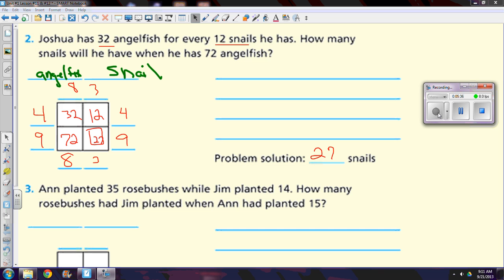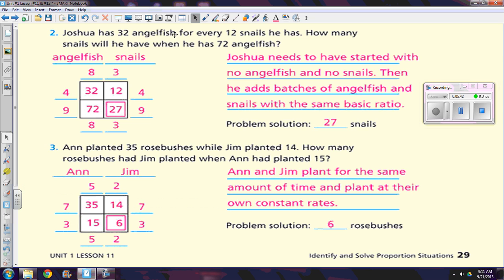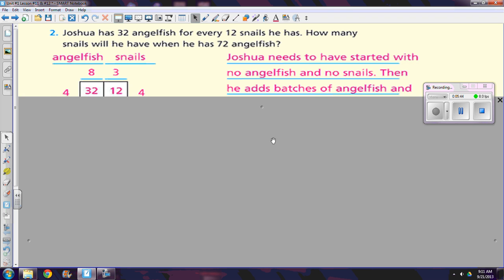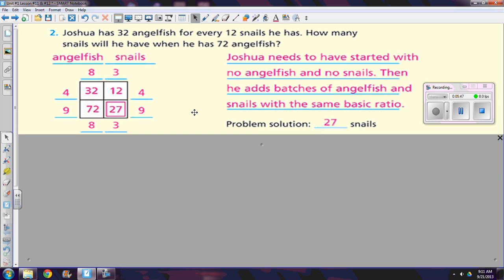And then the hard part. What must we assume? What assumptions? So let's take a look at that. Just going to pull down so number 2 is visible. So if we look at it, our factor puzzle is correct. 27 snails, and then the assumption would be, and I do want you to write this up just like you did for number 1, Joshua needs to have started with no angelfish and no snails.